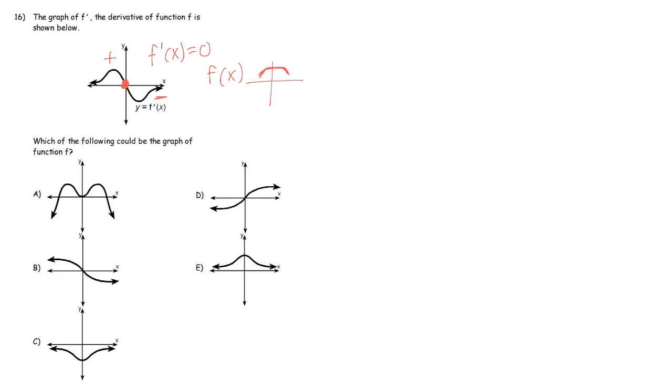Notice I don't really cross the x-axis anywhere else over here, so my graph really doesn't have any more relative mins or maxes. Knowing that information, let's look. What could we choose here?